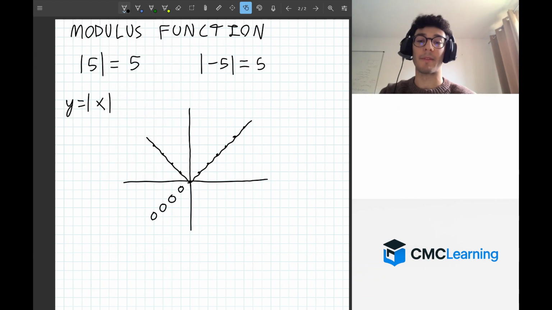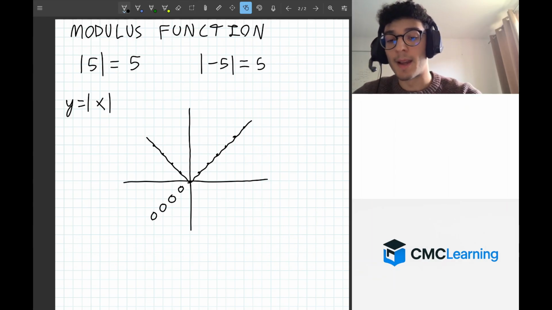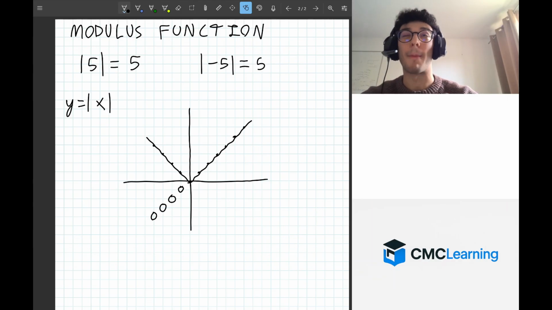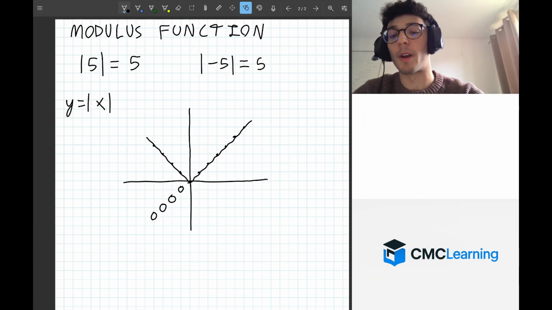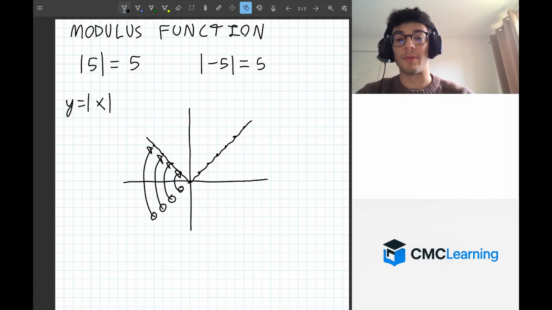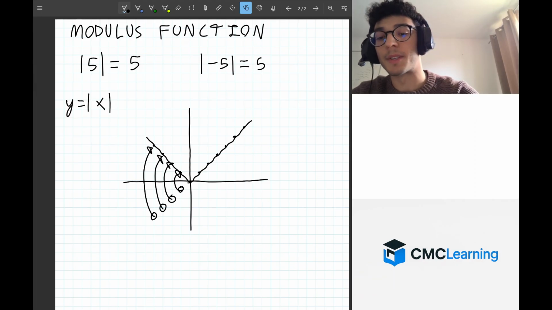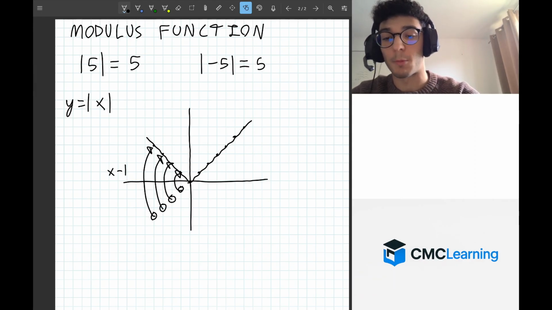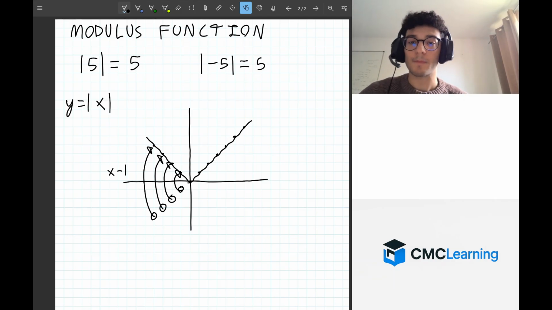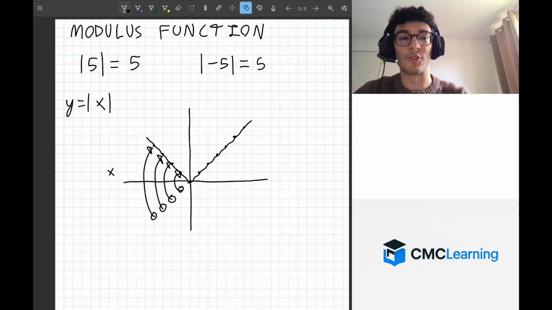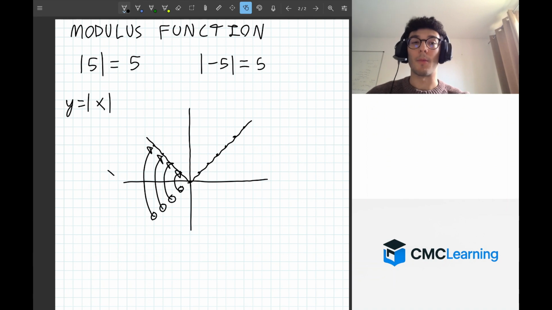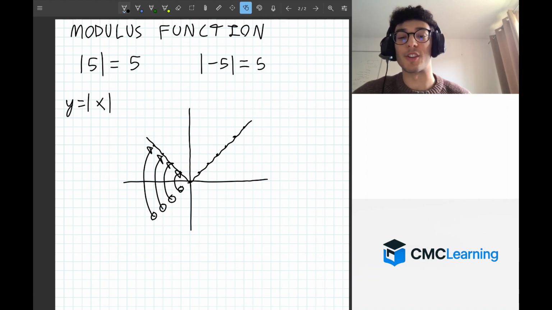I'm sure if you remember some of your work with functions, if we multiply something by -1, essentially a y-coordinate, we flip it up in the x-axis. So all of these values are multiplied by -1. Okay, so that's an interesting property. We can see that when the inside of our modulus function is negative, that's the equivalent of multiplying by -1.